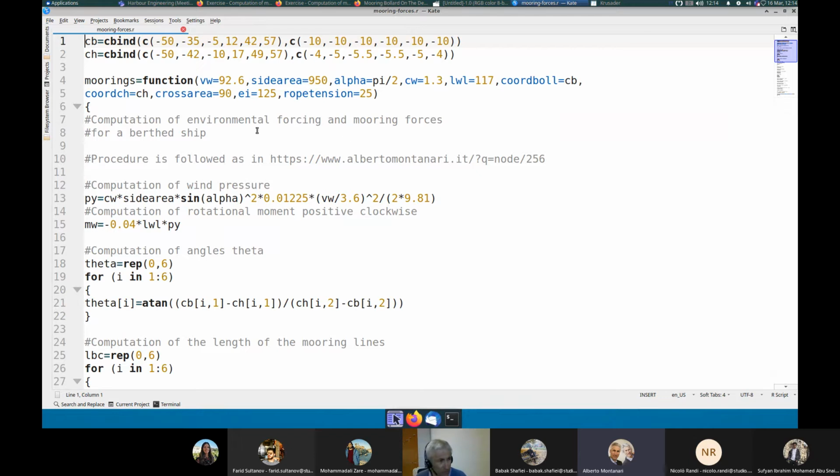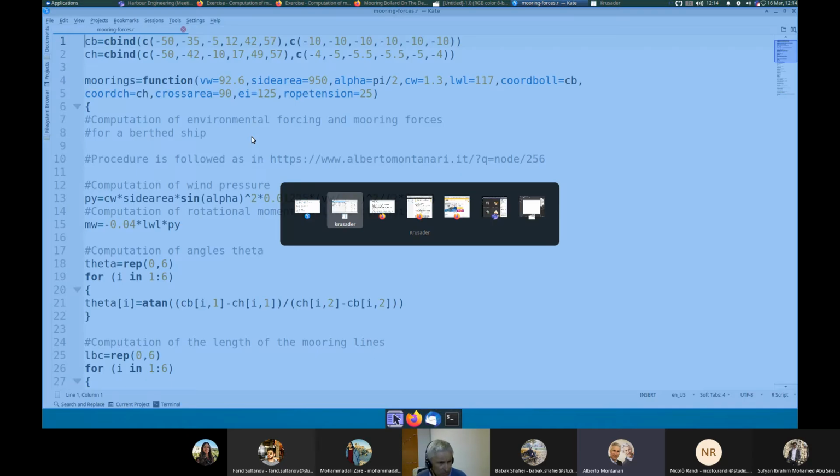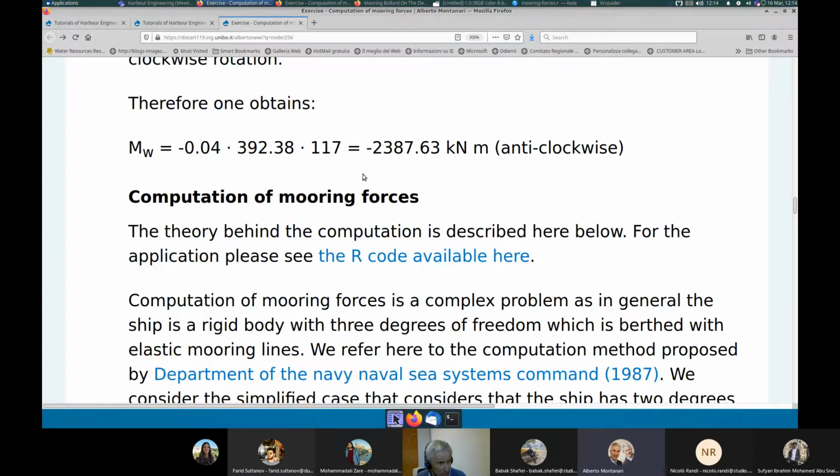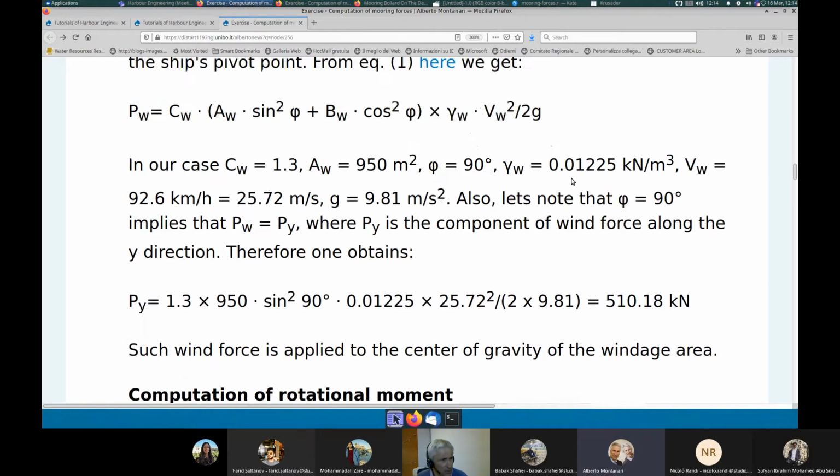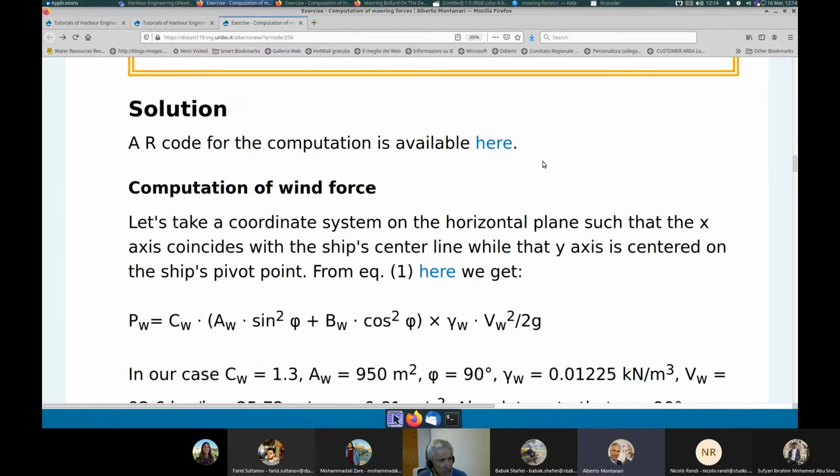But before looking at the R code, let me go back to the web page. Here we are. And let me go to the right place here. I clicked on the link here, the first link after solution. Okay. And then if you click there, you will be able to open it probably directly in RStudio.